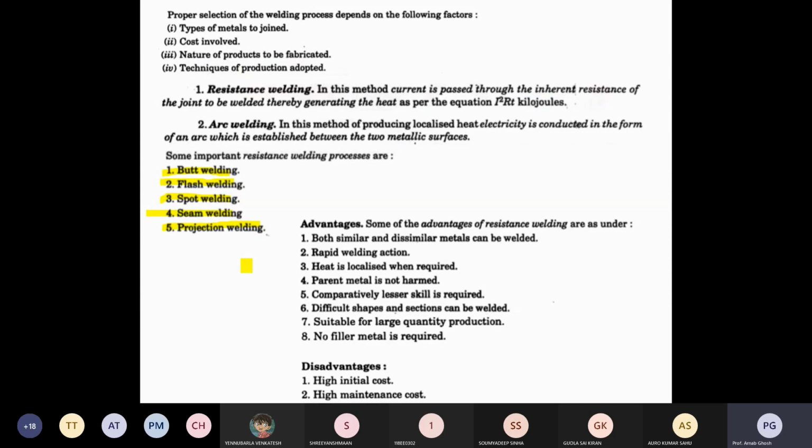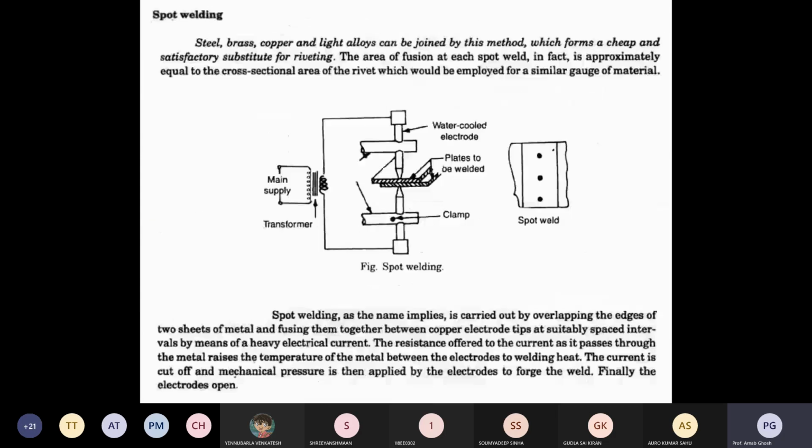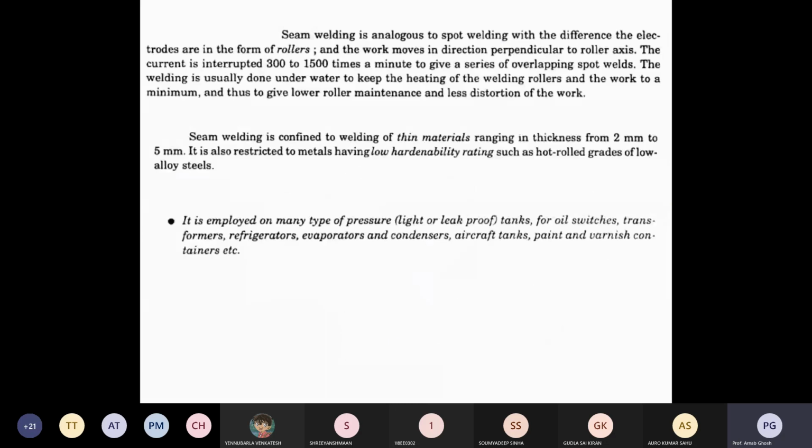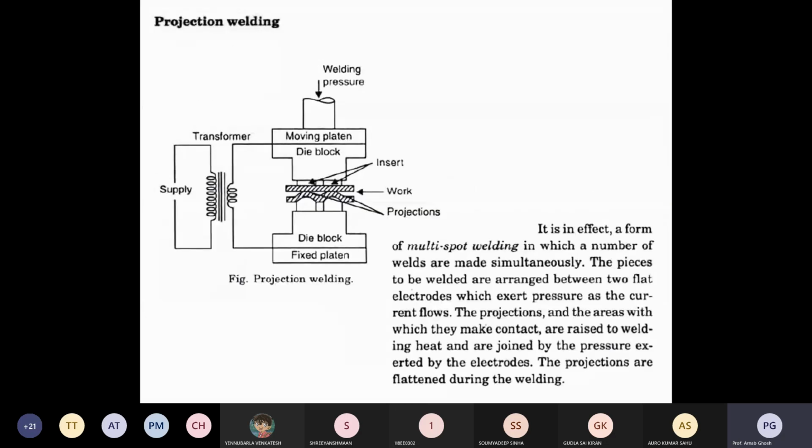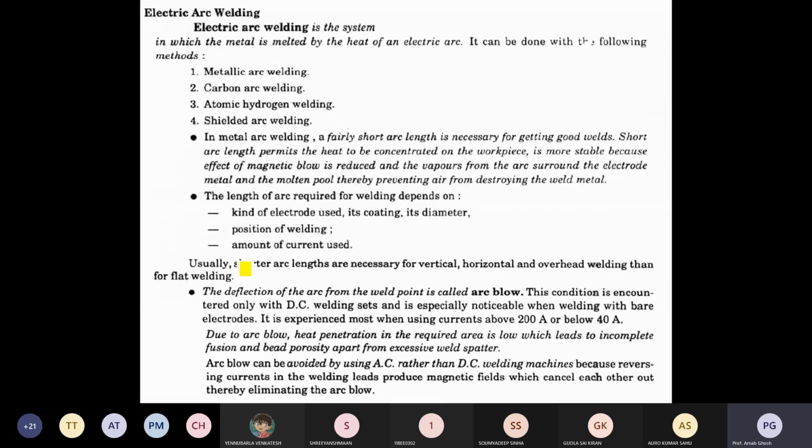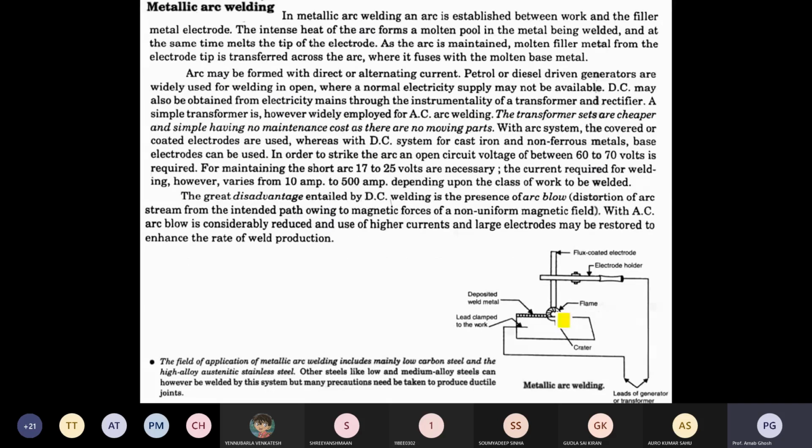Then we discussed the basic concept of arc welding. So what is the importance of arc welding? If you see the diagram, there is a work piece there, and your electrode holder is there. There are two types of arc welding.